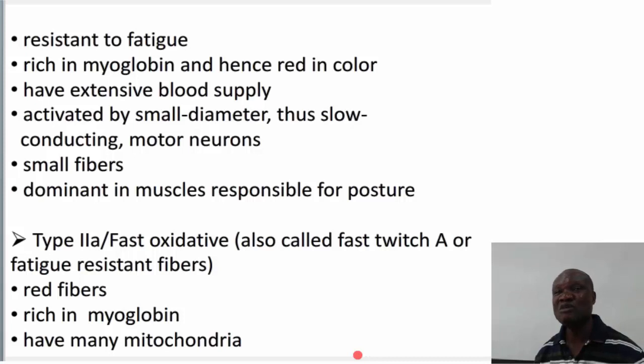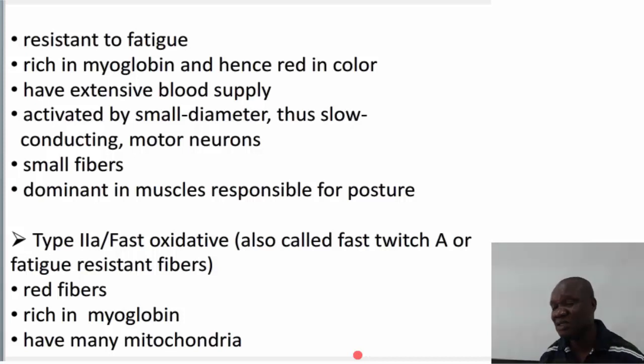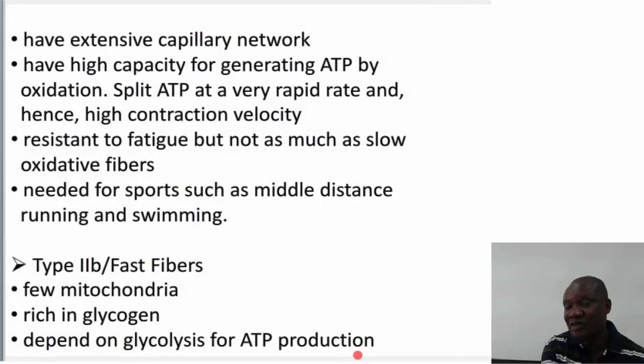Then we have the type 2A or fast oxidative fibers. These are also red fibers. They are rich in mitochondria as well as myoglobin. They have extensive blood supply, just like the type 1.